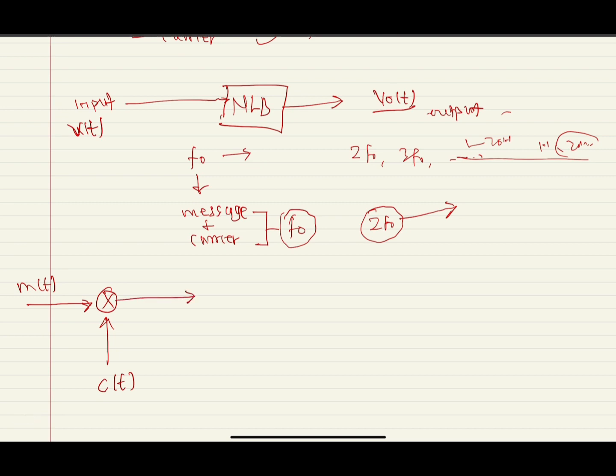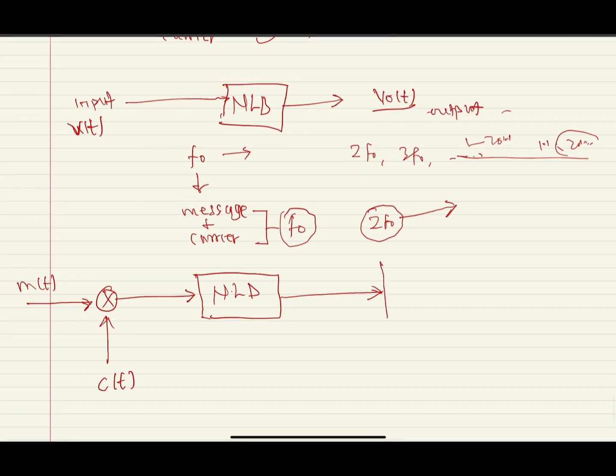We pass it through the nonlinear device, which, as in the meat pie analogy, is our modulator. Because of the harmonic nature of the nonlinear device, there will be integral multiples of the original message that we placed in to be modulated, and therefore we need to pass it through a bandpass filter in order to remove such frequencies.